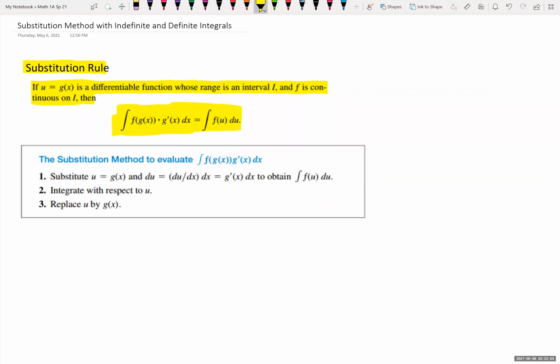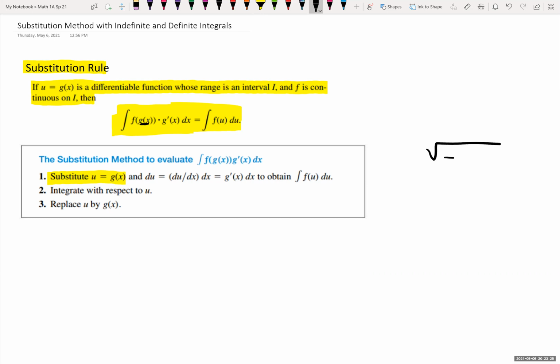Okay, so the method on how to do this is the following. First thing that you have to do is choose what your u value is going to be. Usually your u value is some sort of inner function. A lot of times it's an expression underneath your radical.